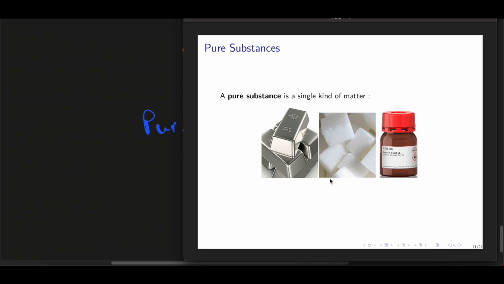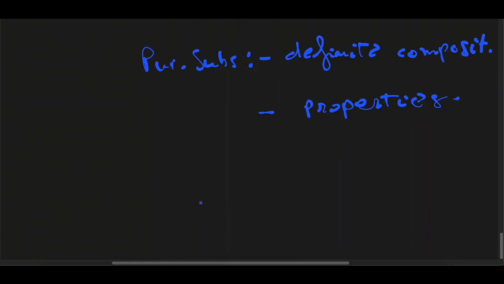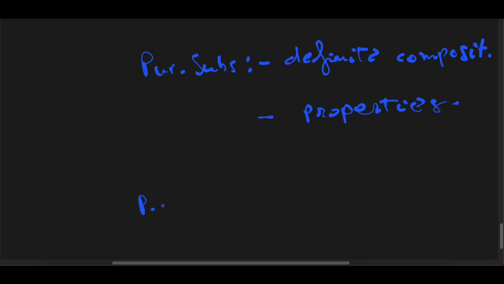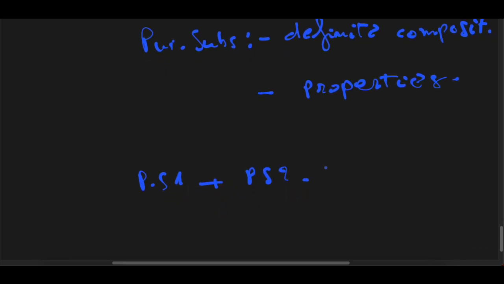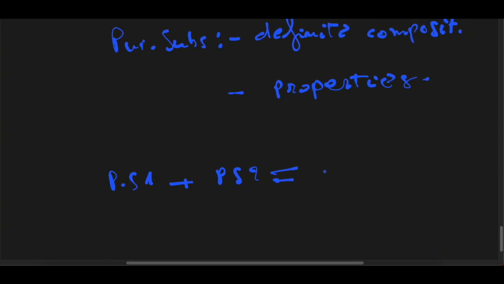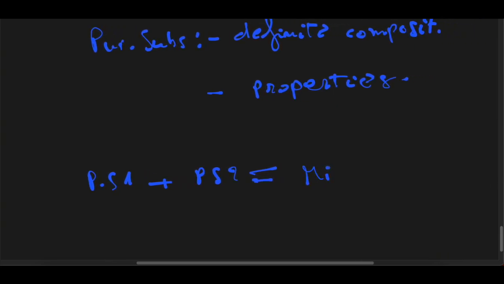As in this example, if we take a pure substance 1 and add it to a second pure substance 2, of course both different, the result will be a mixture.